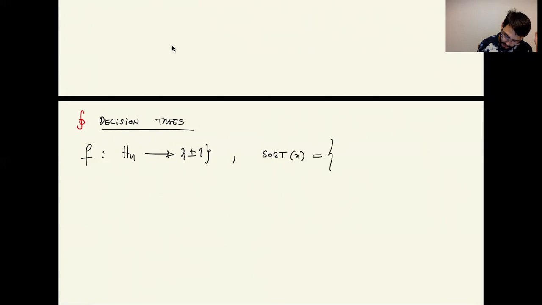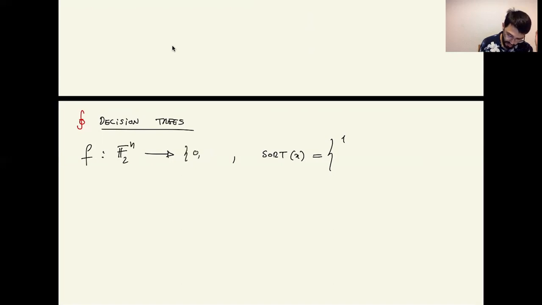For now, let me just identify the Boolean cube with 0 and 1.